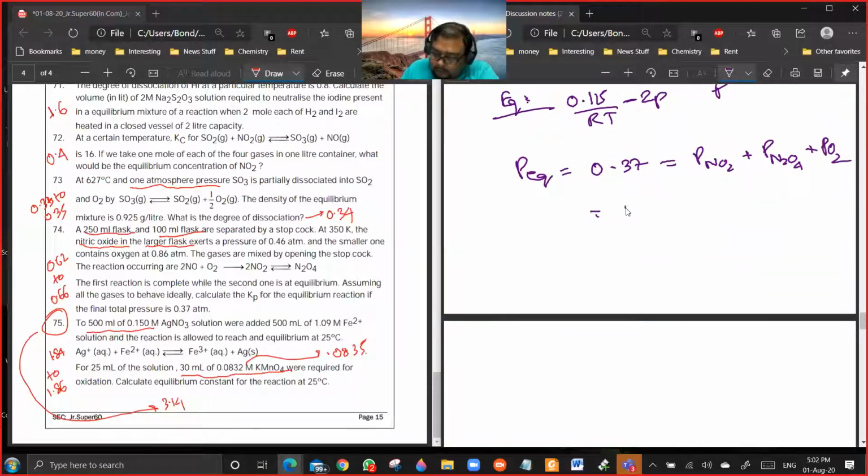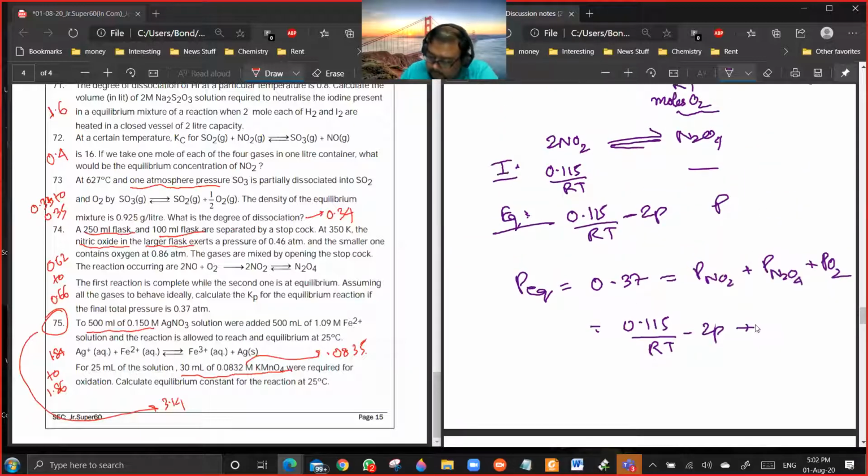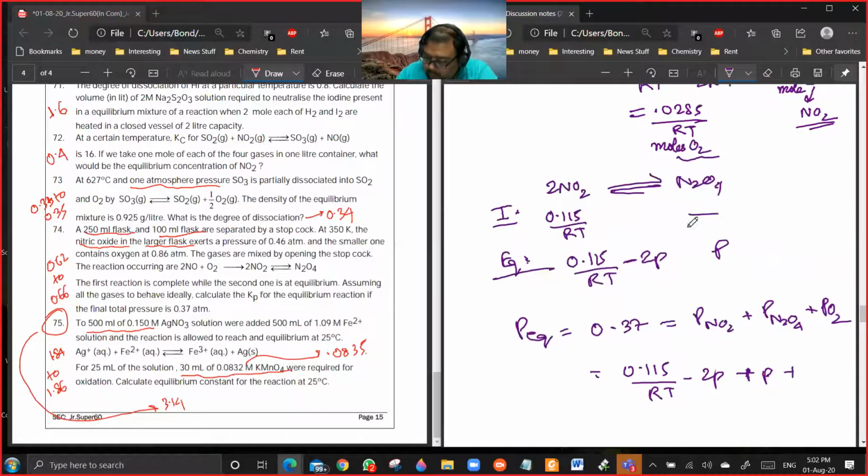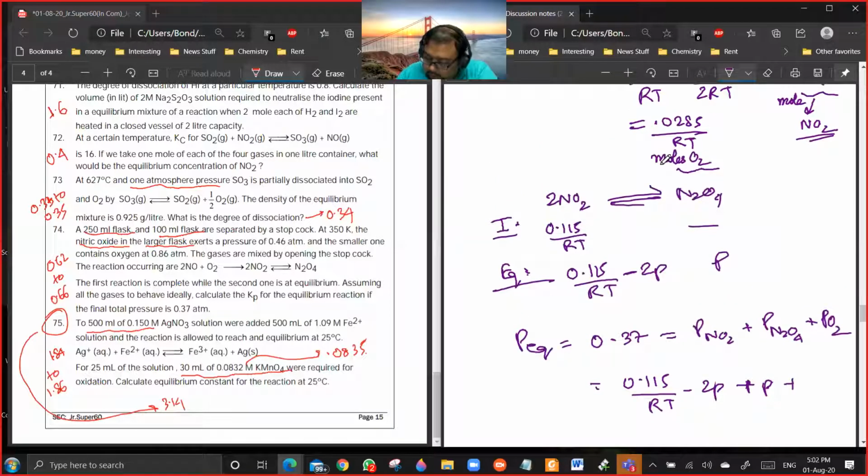The pressure of NO2 is 0.115 by RT minus 2P, plus pressure of N2O4 is P, plus pressure of O2 is 0.02. Okay, these are number of moles, no? Right? So we have to convert this into pressure.